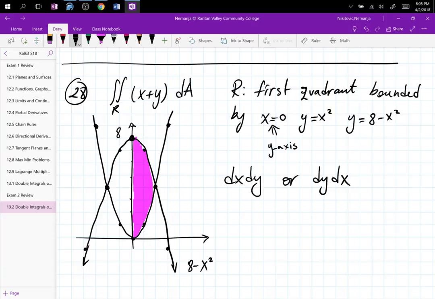I know the form. It's numbers, it's functions, right? And I have the functions y equals in terms of x.